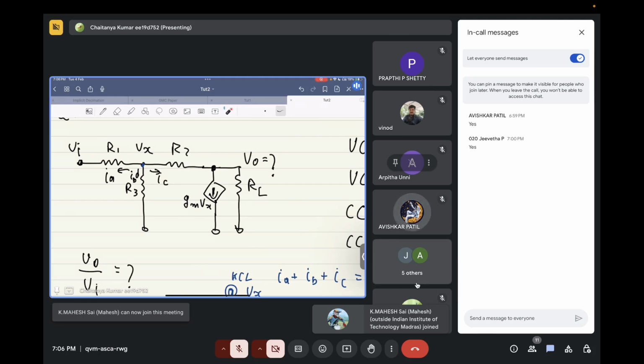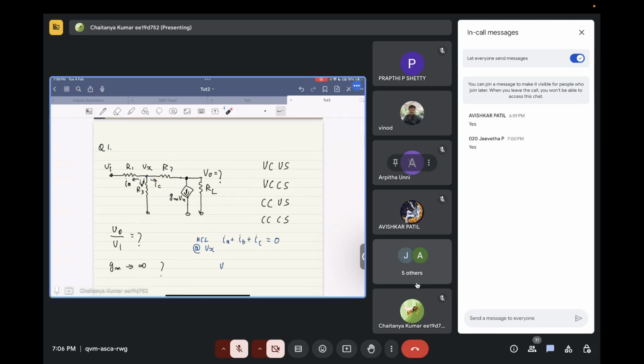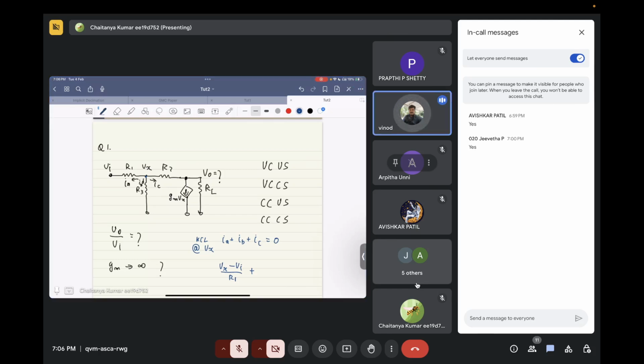So what is the potential difference across this resistor? Vx minus Vi divided by R1. Correct. So Vx minus Vi divided by R1 is Ia. What is Ib? Vx by R3, plus Vx minus V naught divided by R2. Correct. This is equal to 0.